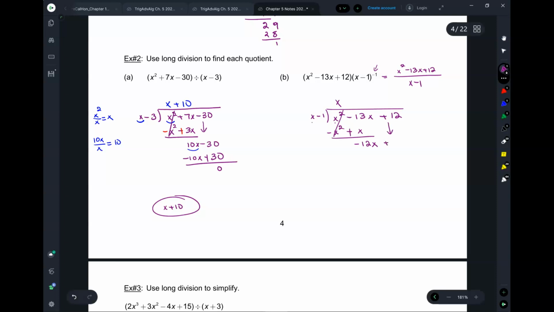Bring down the 12. First term divided by first term, what do I get? Negative 12. Multiply. Draw the line, change the signs. What do we get? 0. So the quotient is x minus 12.